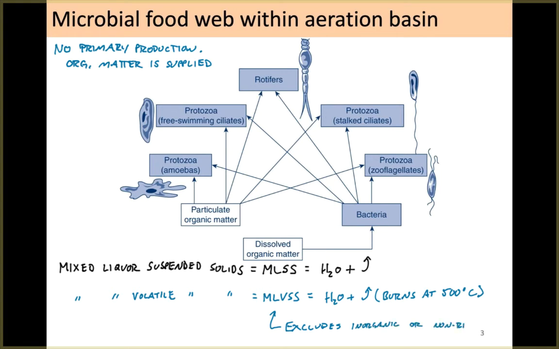So often people will prefer to use MLVSS because it is more representative of the amount of biomass that is organic. So any inorganic or non-reactive solids would be excluded because those wouldn't be burned at 500 degrees C, they would remain. So you think of something like some carbonate mineral, for example, that made it through our grit chamber and our primary treatment step.